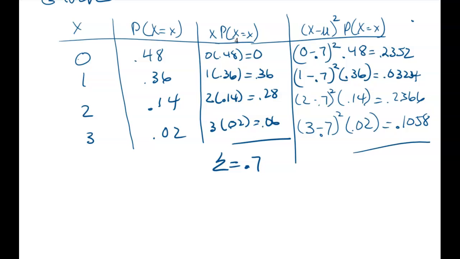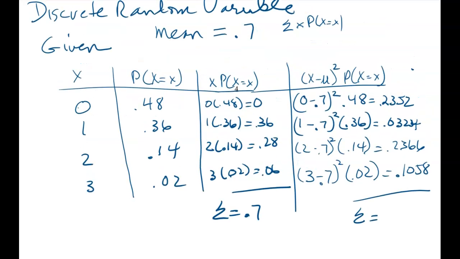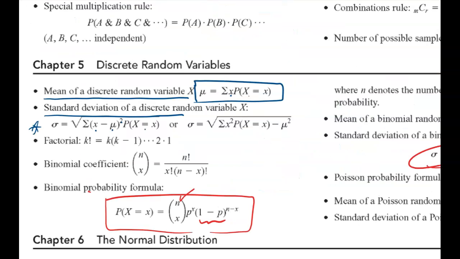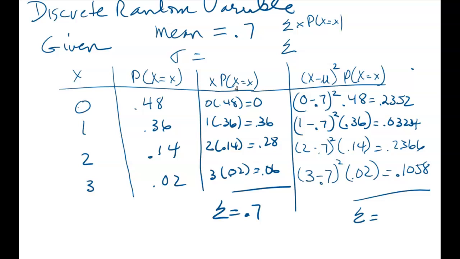Okay, so you sum those, because the formula for standard deviation is the square root of the summation of x minus mu squared times the probability of getting that x.